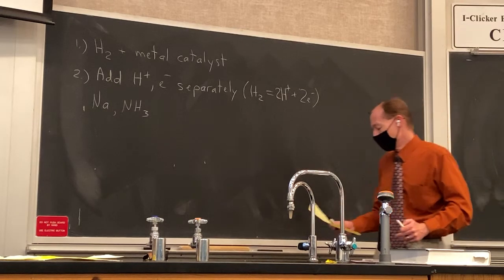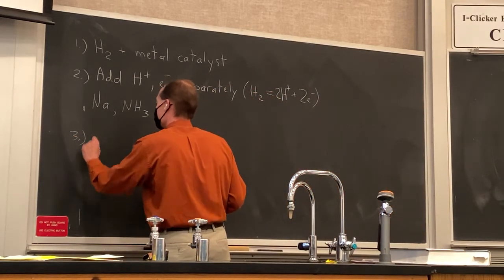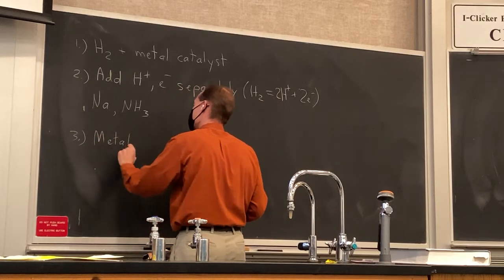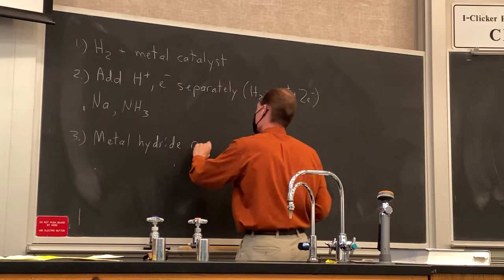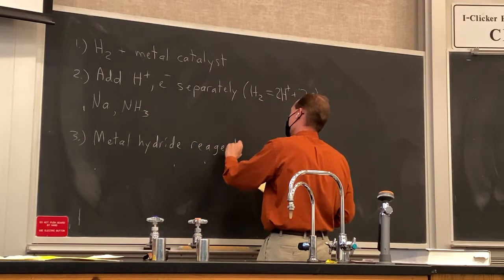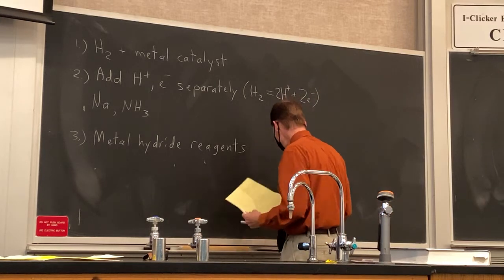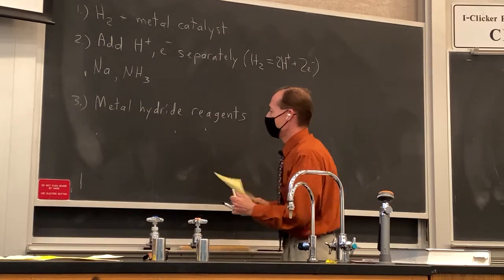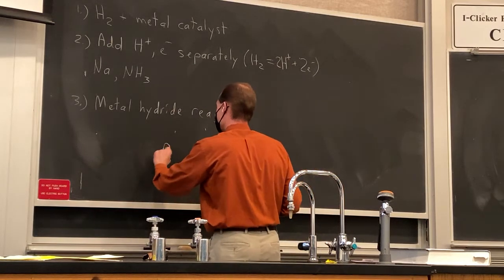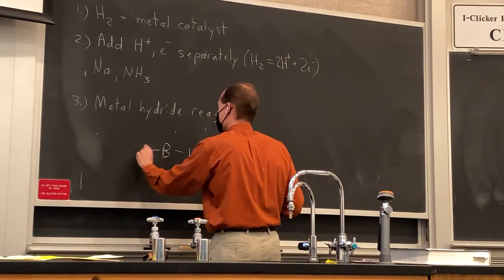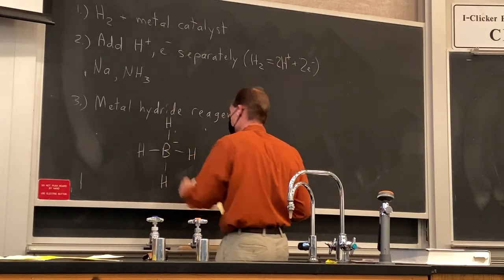Okay? And then our third way of performing a reduction is to use something known as a metal hydride reagent. Okay? There are 2 of them that we're going to learn in class. We have sodium borohydride, and I'll draw the borohydride part first. Okay.